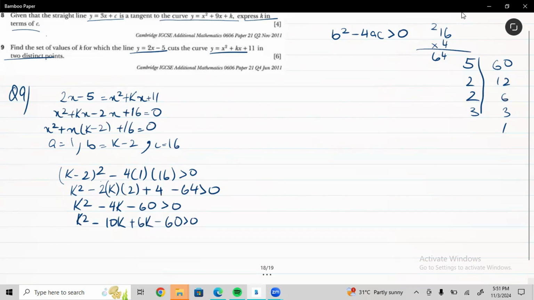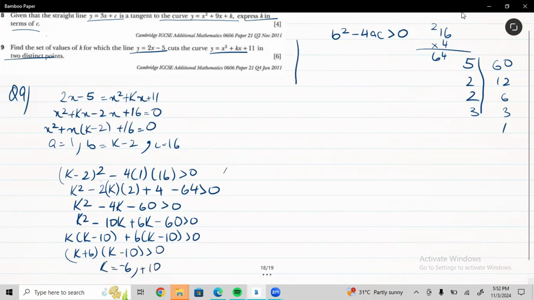You take k as the common factor, k minus 10, plus 6 as the common factor, k minus 10 is greater than 0. So we are going to get k plus 6 and k minus 10 is greater than 0. We are going to get k is equal to negative 6 and positive 10.